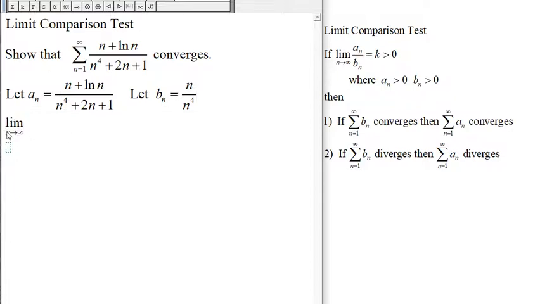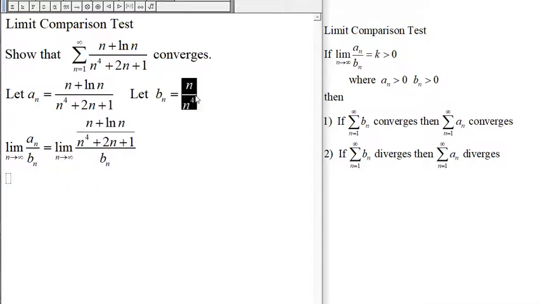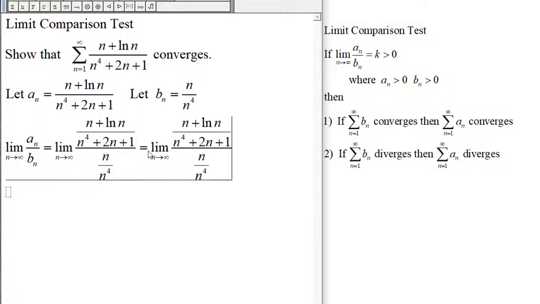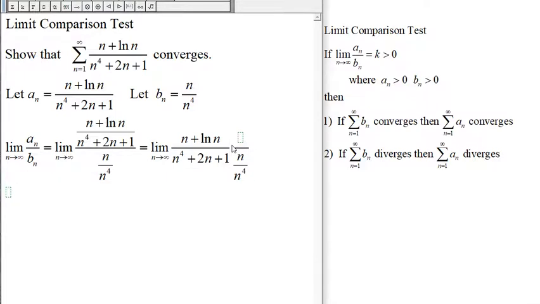But now we need to show that the limit of a sub n divided by b sub n is equal to a real finite positive number. And this is equal to dividing by this quotient right here. It's the same thing as multiplying by the reciprocal. And then we can arrange things a little bit.